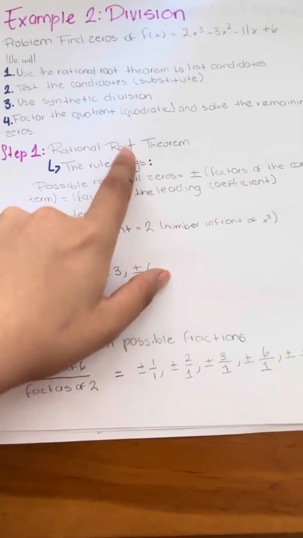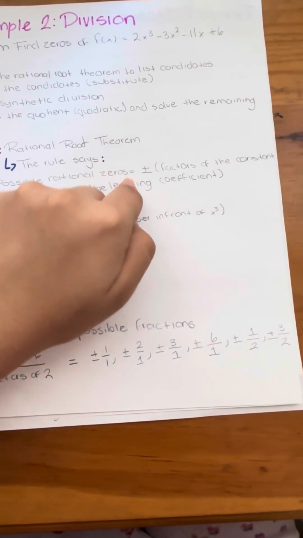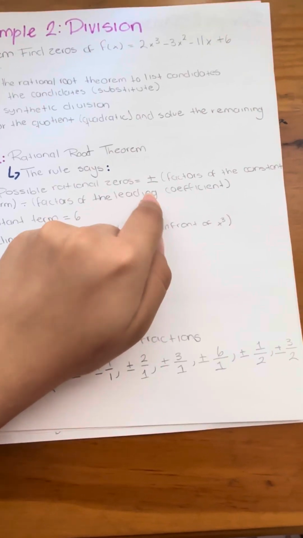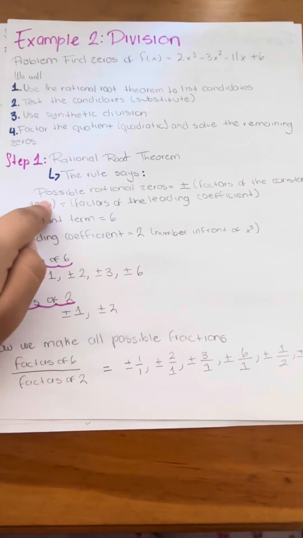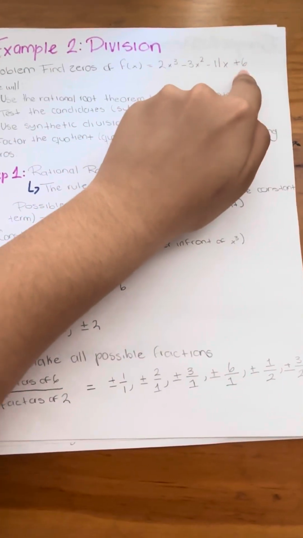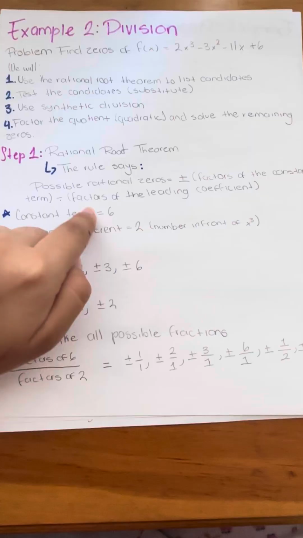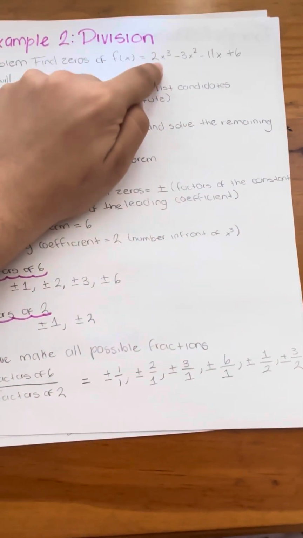And the rule of this says that possible rational zeros equals, they can be either positive and negative, the factors of the constant term, which is number 6, the last term, and we're gonna divide them by the factors of the leading coefficient, which is 2.